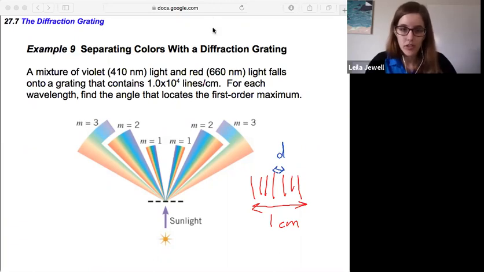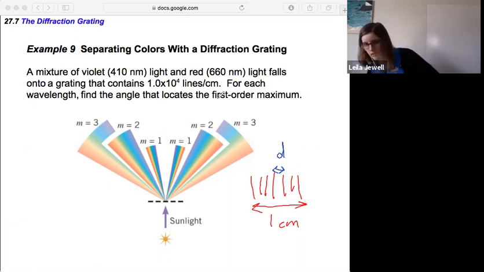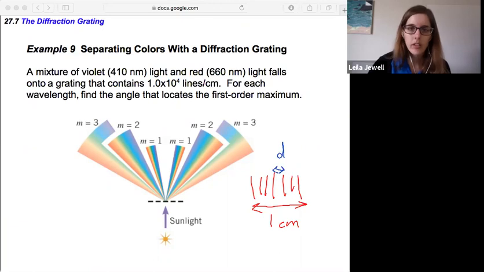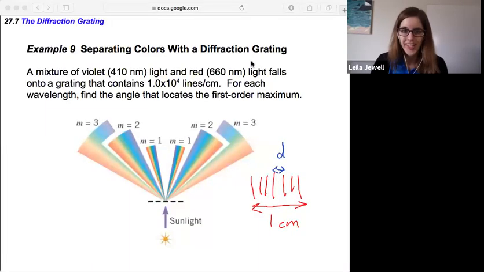Paying attention to the units, if this is lines per centimeter, then I could flip it and get centimeters per line. And so to get to d, the distance between the lines, we actually just need the inverse of this. So if n is the 1.0 times 10 to the 4 lines per centimeter, we want the centimeters per line.